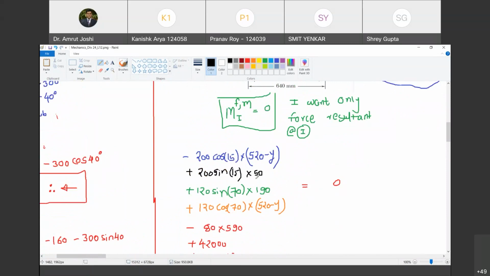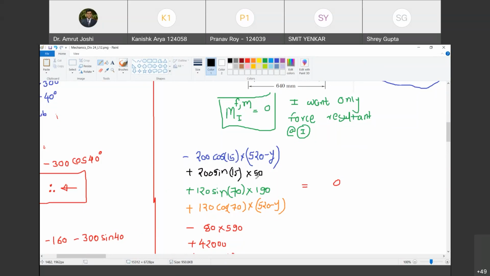Just give me a second. I will redo it. Minus 200 cos 15 multiplied by 520 minus alpha y, bracket complete, plus 200 sine 15 into 50. I think I got the error. I forgot to complete this bracket that time.